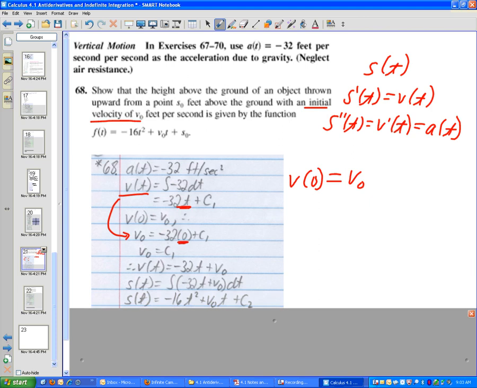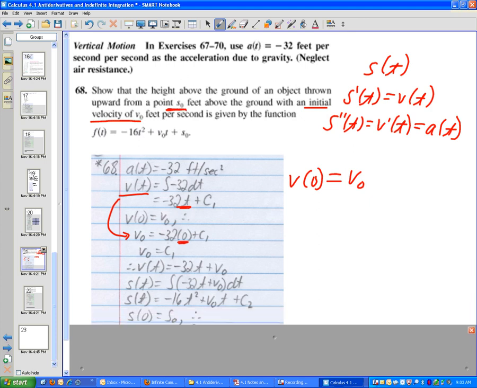All right, so the antiderivative of negative 32t is negative 16t squared. The antiderivative of v0 is v0t. I don't know what v0 is, but I know it's a number. So it's v0t plus c2. So now I've got the general solution for the position function. What's our initial position? s0.